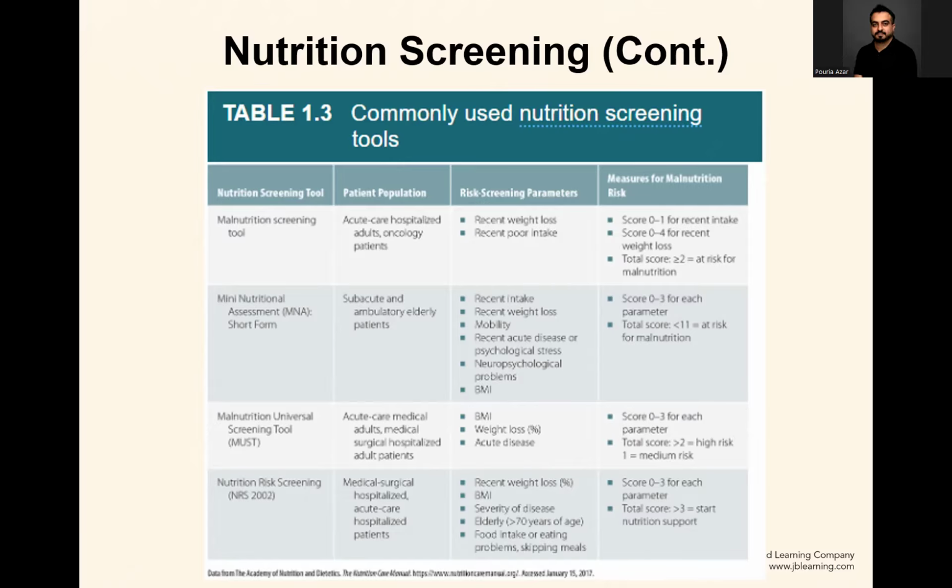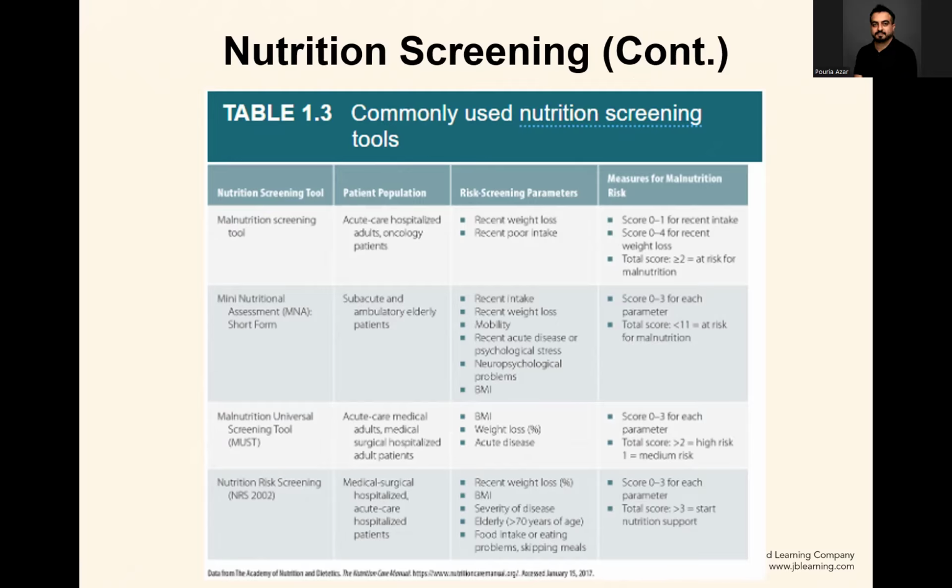We have the mini nutritional assessment, MNA, which is a short form, and it is used in subacute and long-term care facilities. We have the malnutrition universal screening tool, also known as MUST, and we have nutrition risk screening, NRS 2002. If you look at the risk screening parameters, you will see the differences.